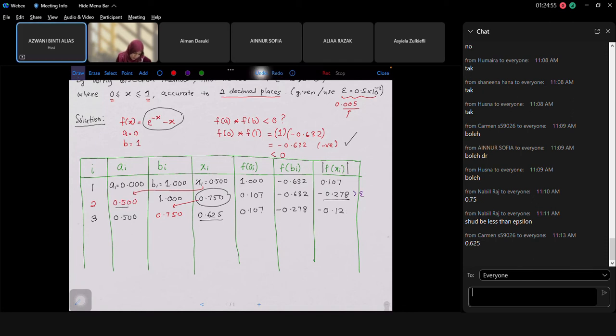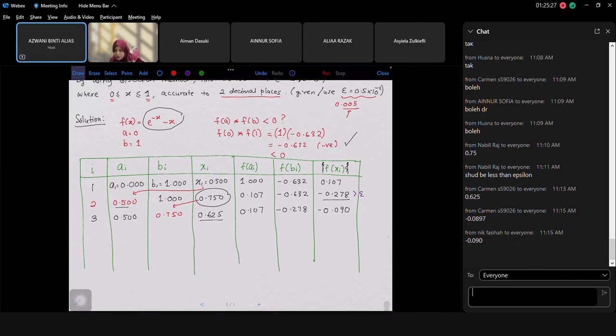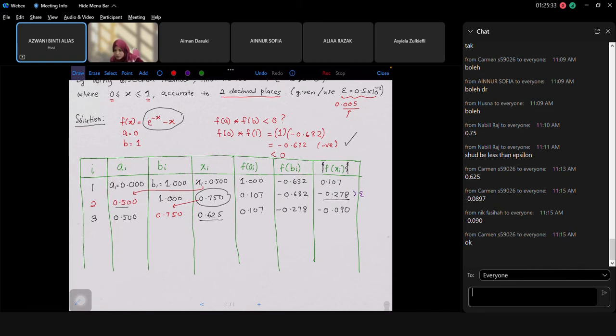Sekejap, silap. You dapat apa? You dapat apa? FX. Negatif 0. Sama tak? Okay, reduce kami reduce to the 3 decimal places. So you dapat negative 0.090. Okay, right, good. Thank you, Nick.